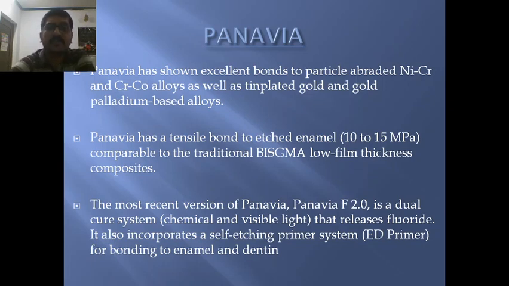Now we have a recent version of Panavia, called Panavia F2.0. It's a dual cure system, that is, it is cured by chemical and visible light. It can also release fluoride. It also incorporates a self-etching primer system, called ED primer, for bonding of enamel and dentin.